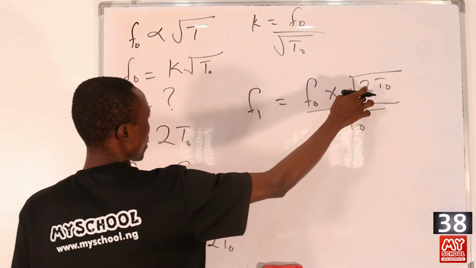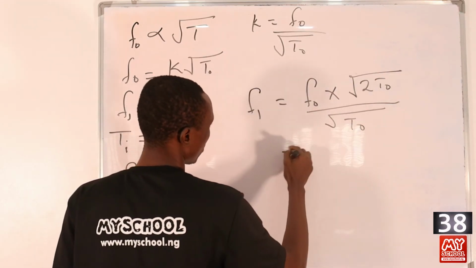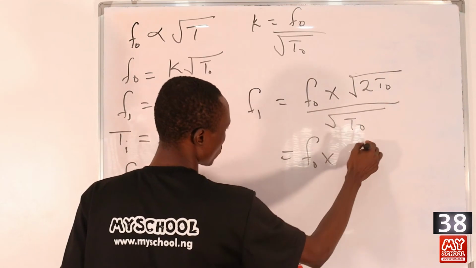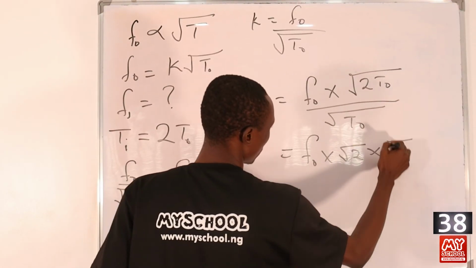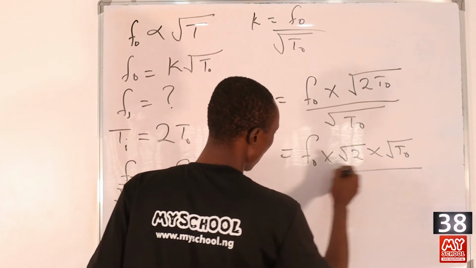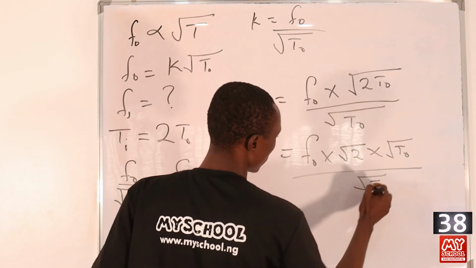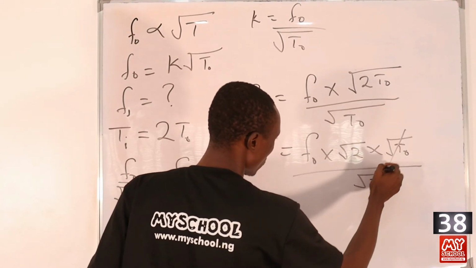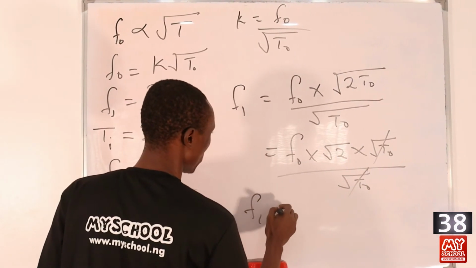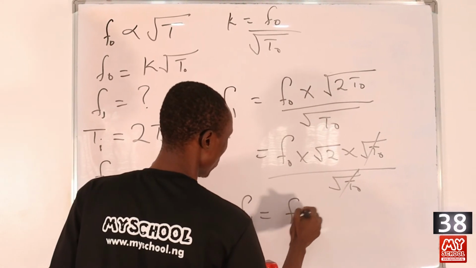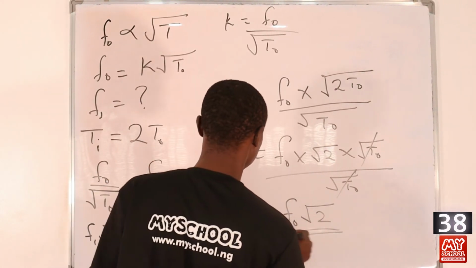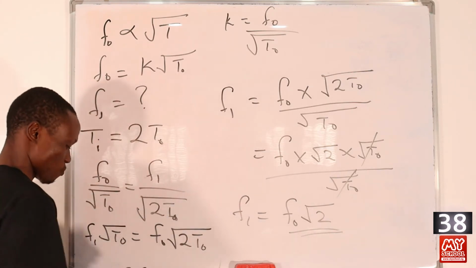So we can spread this out, so that F0 times root 2 times root T0 over root T0. These two will cancel out, so that F1 will be equal to F0 root 2. Okay, so this is the value of the new frequency.